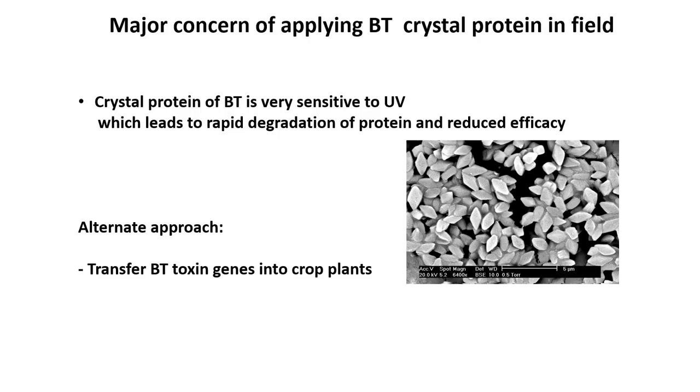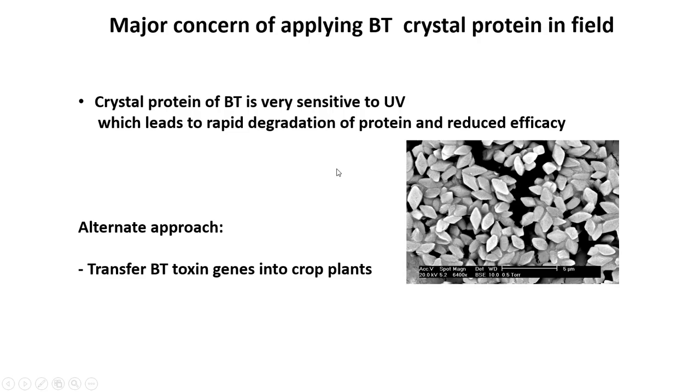But there is one major concern about BT toxin when it is applied directly on the field. It was found that the crystal protein of BT is very sensitive to UV, which leads to rapid degradation of the protein and reduced efficacy. So if we directly spray BT toxin on the plants, when it gets exposed to UV or sunlight, it gets degraded very fast and its efficiency is reduced dramatically.